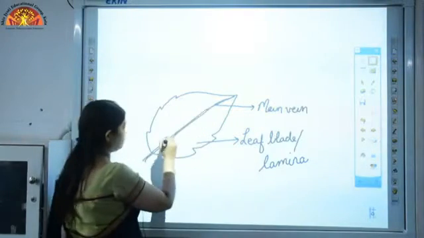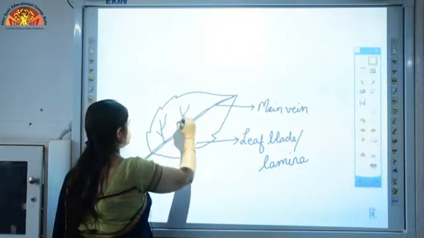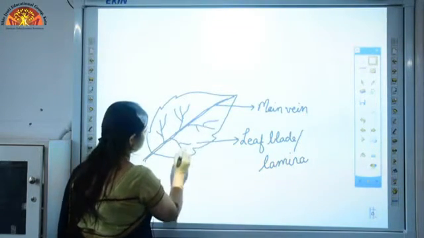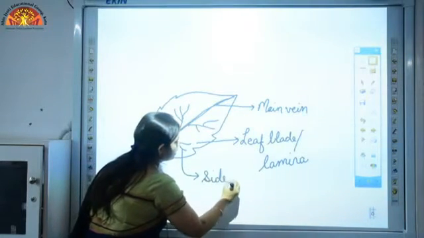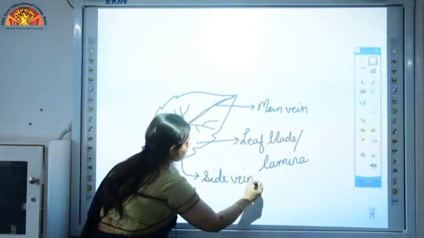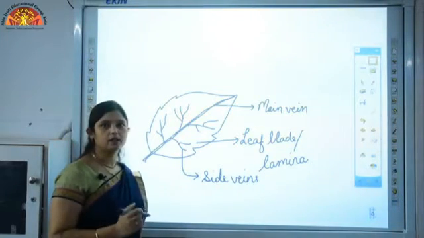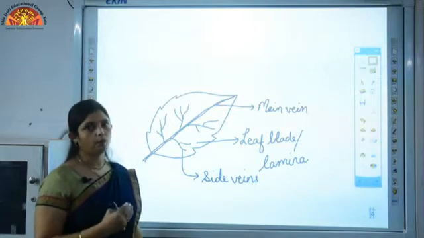Now from this main vein many small tubes arise along the sides of the leaf. You can see them in the picture shown. These side tubes are called side veins. Students, the main vein and side veins help in the transport of water, minerals and food to and from the leaves.